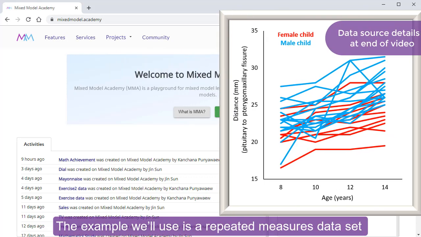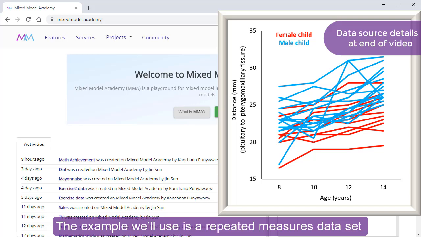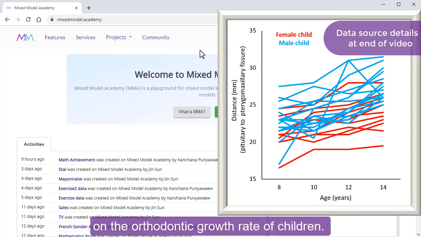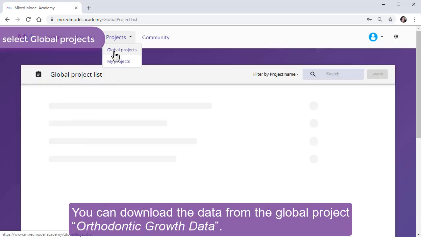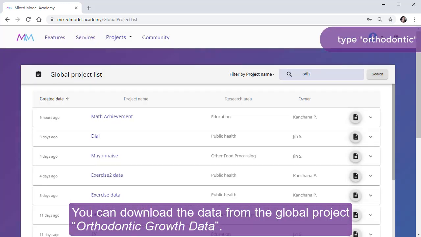The example we'll use is a repeated measures dataset on the orthodontic growth rate of children. You can download the data from the global project Orthodontic Growth Data.